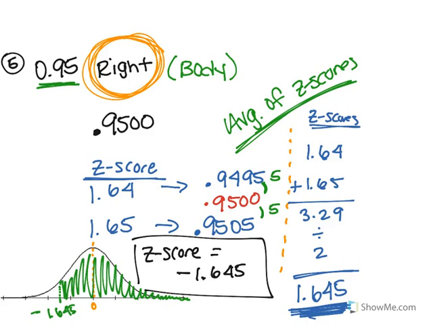Okay. Number 6. Obtain a z-score that has an area of 0.70 to its right. Okay. And again, this is a body measurement.